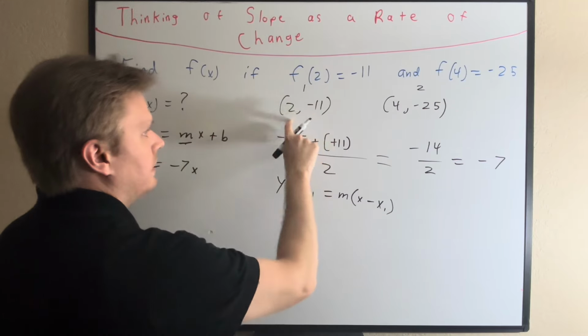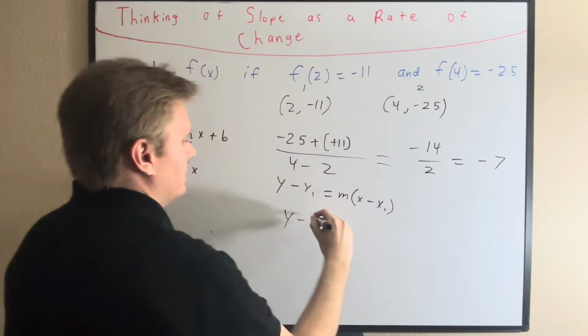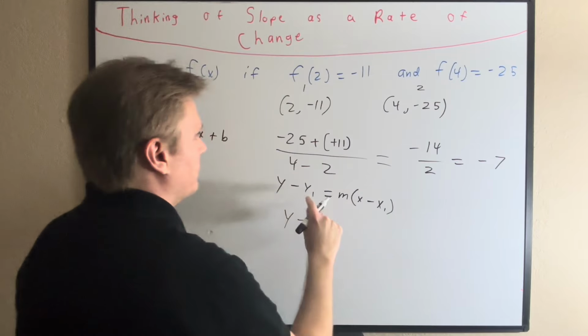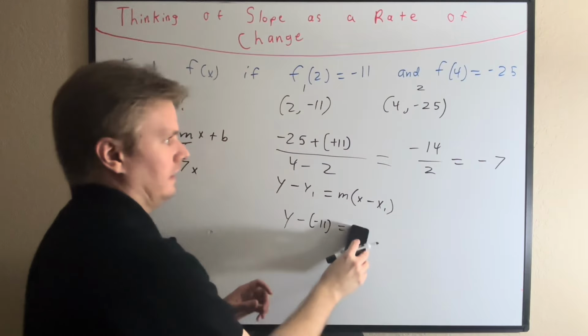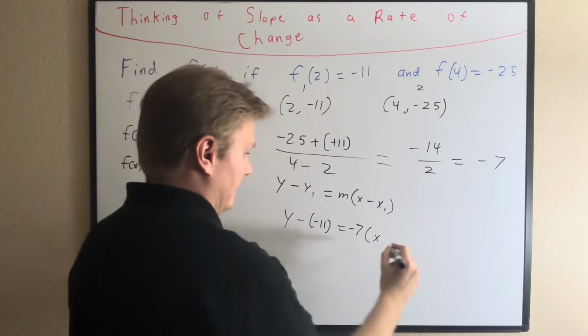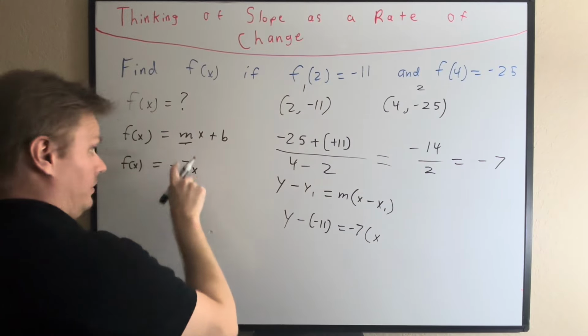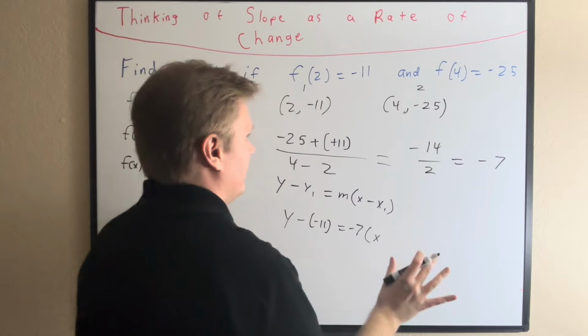So let's just take 2, negative 11, because they're slightly easier numbers to work with, right? So we put the negative 11 in there for the y1, and just for m again. M is negative 7, and we'll leave x the way it is because we're looking for y equals mx plus b, right? So y and x are going to stay y and x.